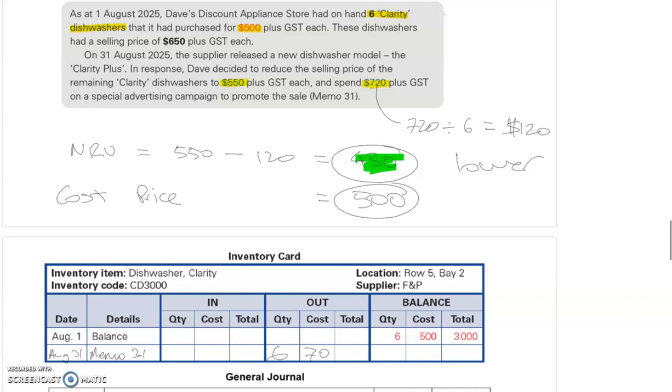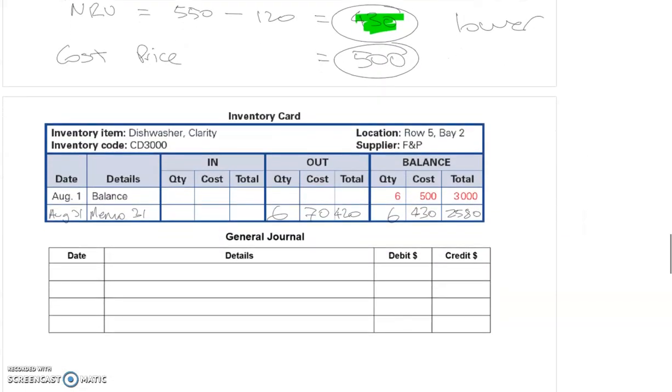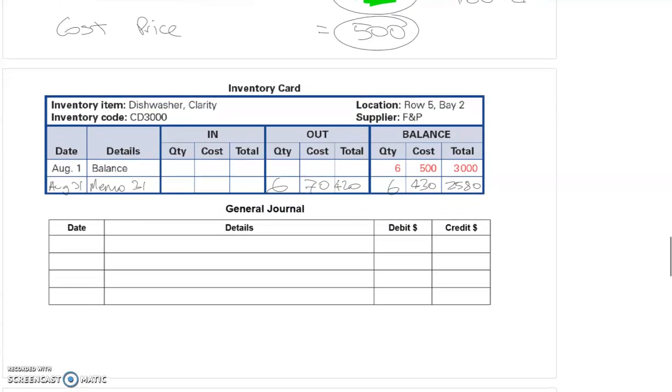So the total write down of inventory is going to be 420, which will leave us with 6 units with a net realizable value of $430, and the total value of inventory, 6 multiplied by 430 is 2580. So we have recorded our inventory write down in our inventory card.